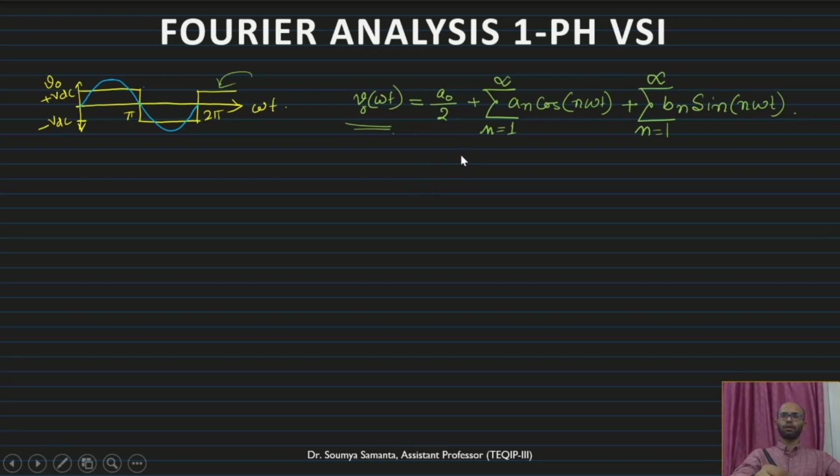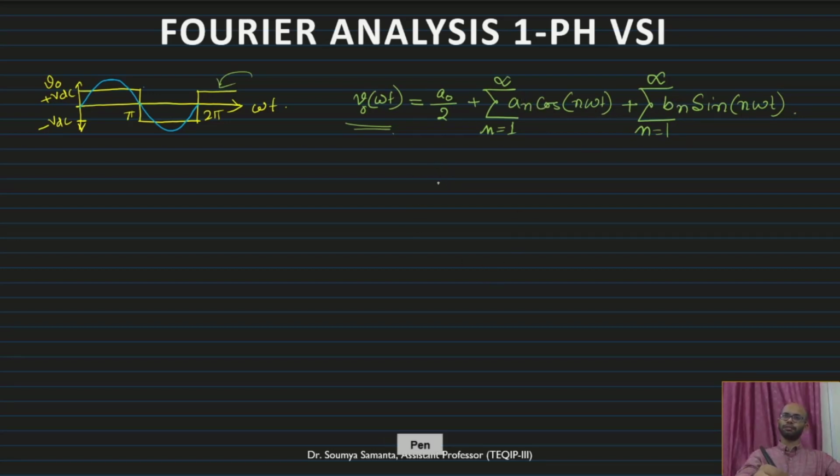Now how do we find out this an and bn? These are called the coefficients. This is the coefficient for the cosine wave and this is the coefficient for the sine wave.